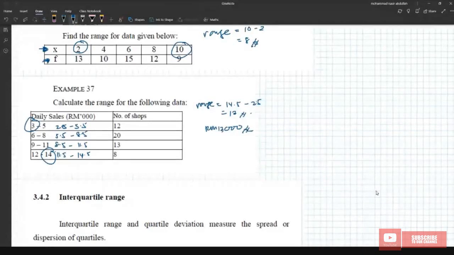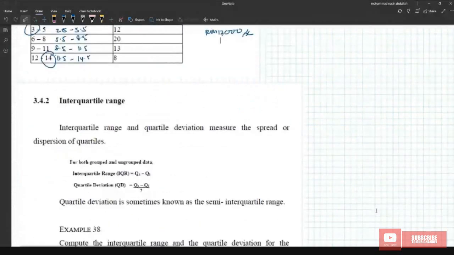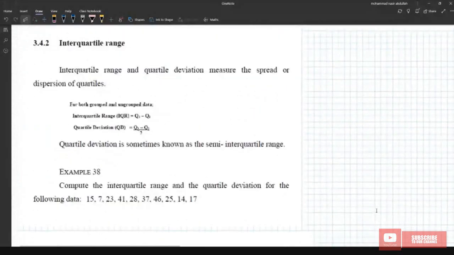Okay. So another statistic in measure of dispersion is interquartile range. Interquartile range and quartile deviation measure the spread or dispersion of quartiles, right?